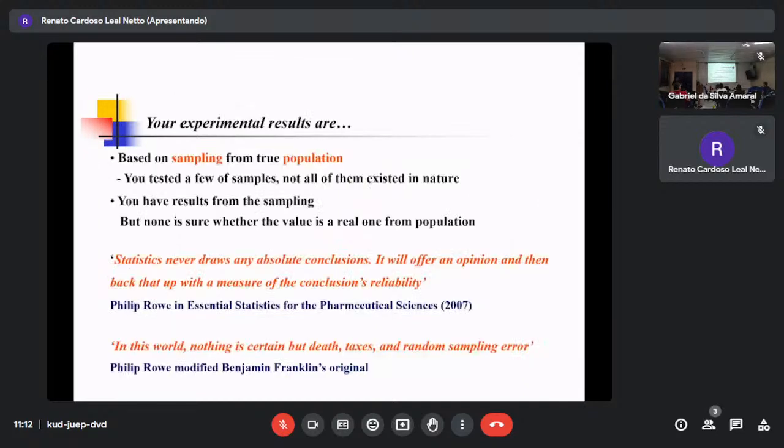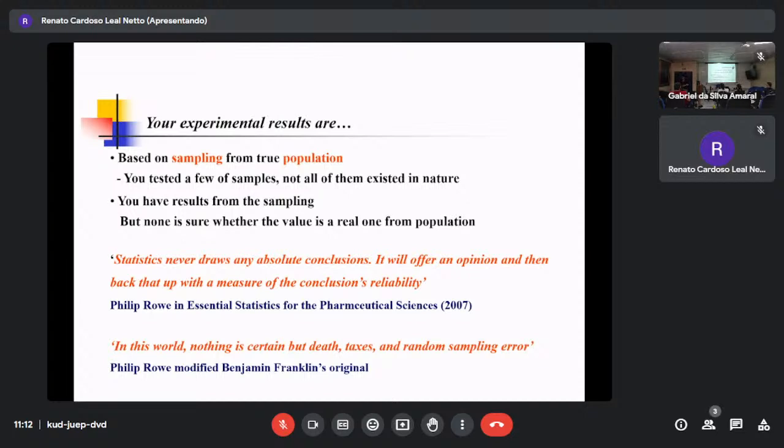Your experimental results are based on sampling from the true population. For example, if you study Arabidopsis, you select three samples and call it triplicate. Based on this triplicate, you want to conclude. This doesn't make much sense, because ideally, if you want to draw any conclusion in biology, you would have to measure all Arabidopsis in the world.